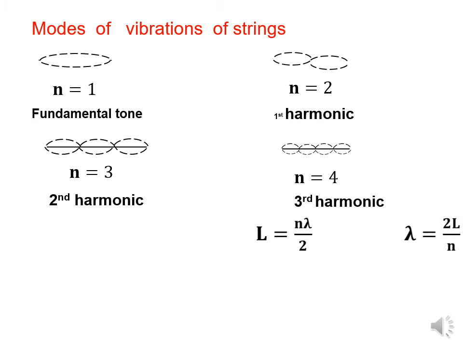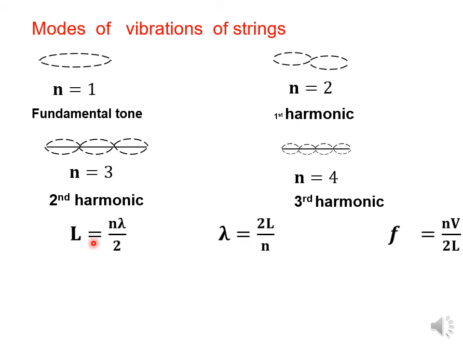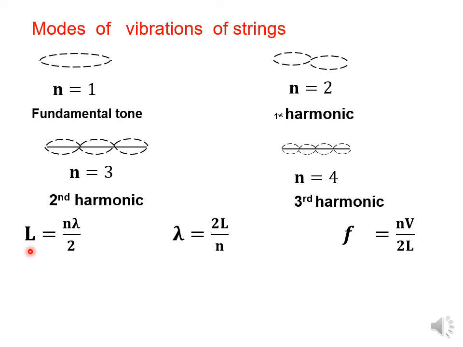In general, the length of a string equals n, the number of segments, multiplied by lambda divided by 2. So L in the case of the second harmonic equals 3 lambda divided by 2, and in the case of the first harmonic equals 2 lambda divided by 2, and so on.